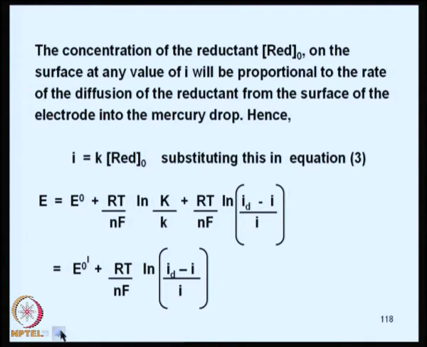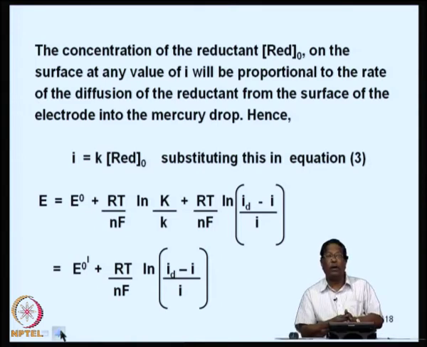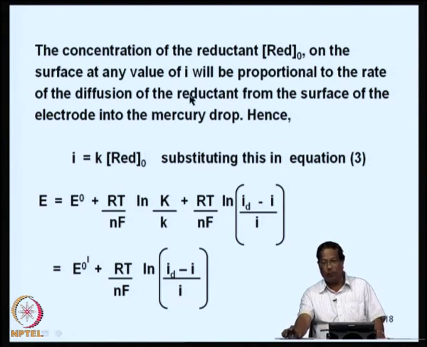The concentration of the reductant we can also consider now on the surface at any value of I should be proportional to the rate of the diffusion of the reductant from the surface of the electrode into the mercury drop.